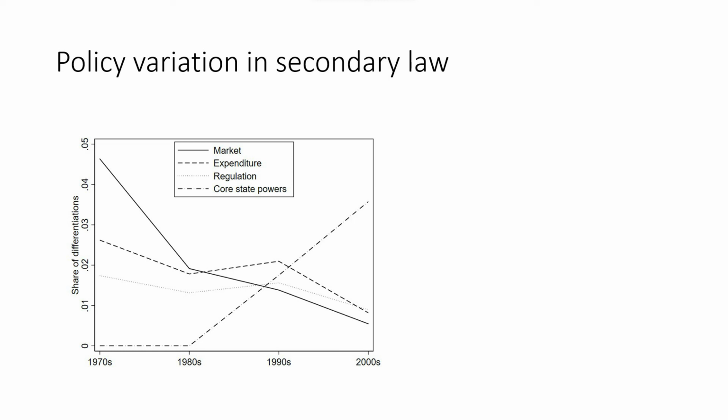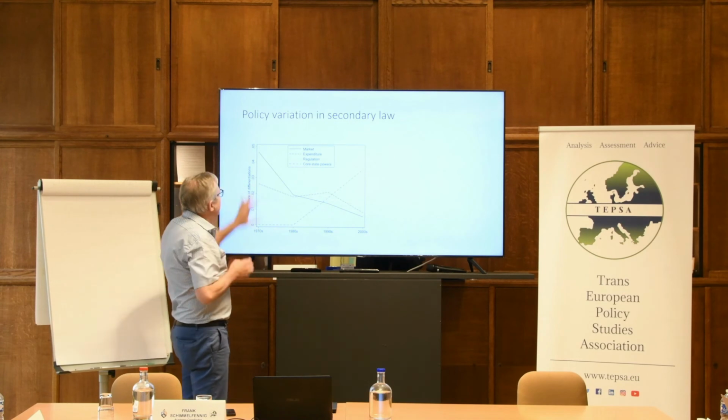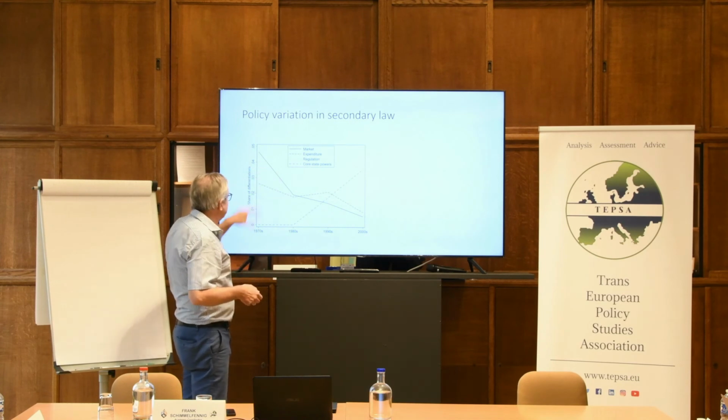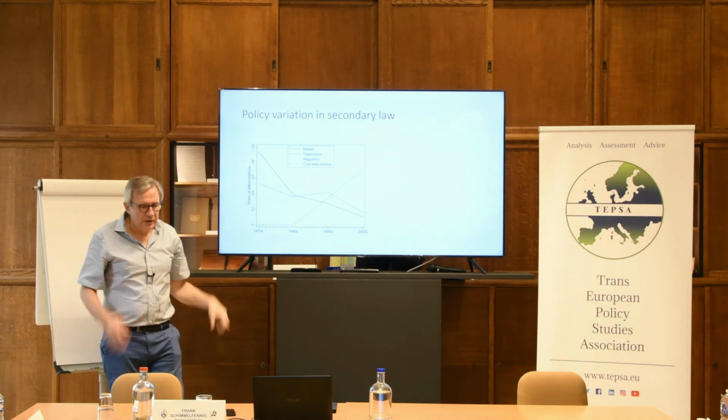It was actually the most important area of differentiation in the 1970s, but market policy differentiation is now the least important area of differentiation in the 2000s, whereas core state powers, which had not really been integrated in the 1970s, for that reason it's zero, have basically gone up to be the most important area for differentiated integration, also in secondary law. And then we have a bit of expenditure regulation policies in between, but they don't really count for much in terms of numbers.